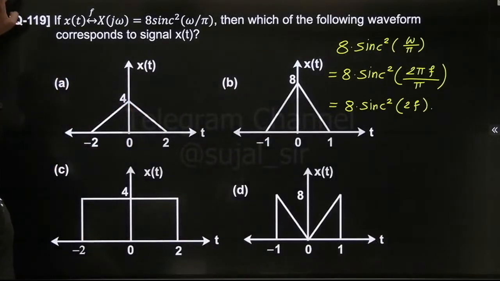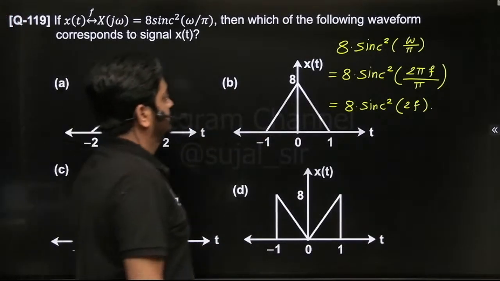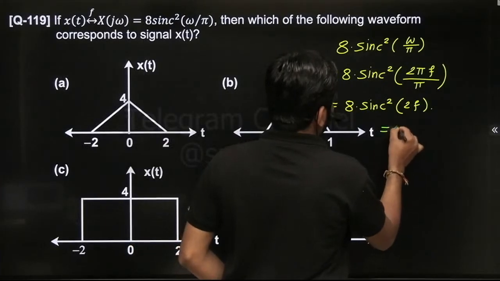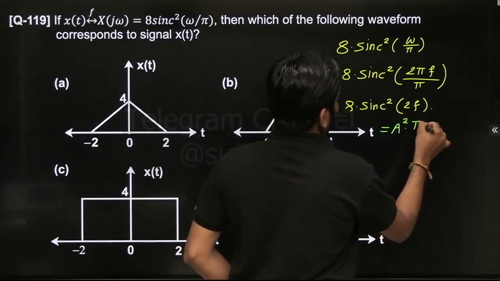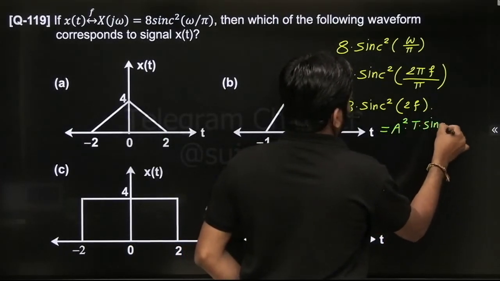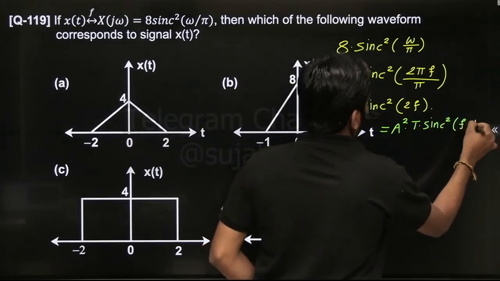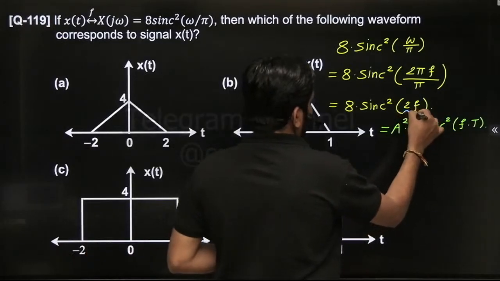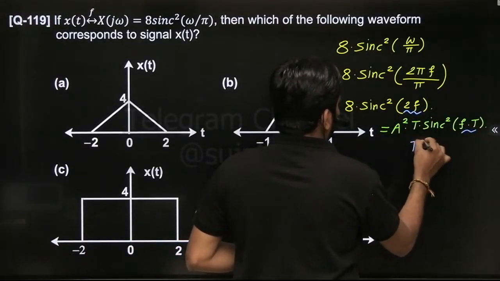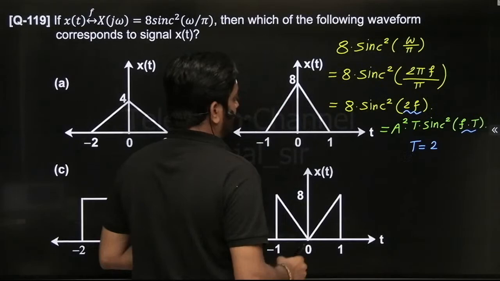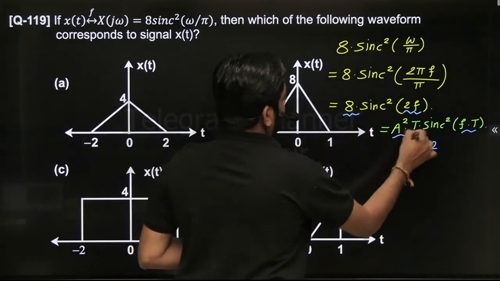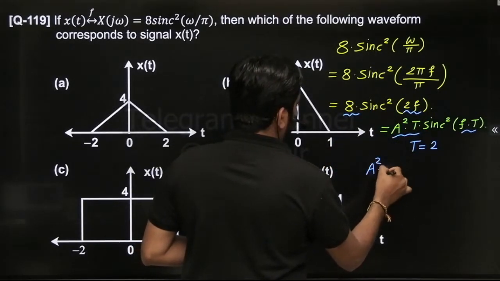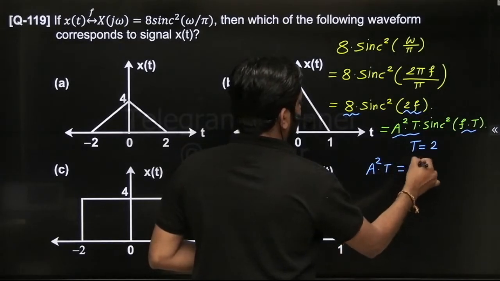Correct? So the standard format is A squared T sinc square f into capital T. If you compare this one, then T equal to 2, guys, and 8 is equal to A squared T.